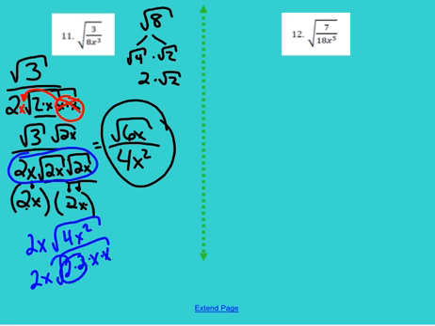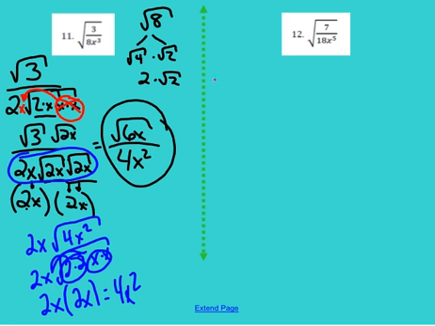So you could pull these out. So you have 2x times 2x, which is 4x squared. So maybe that blue stuff will help you. You need to be able to get square root of 6x over 4x squared.